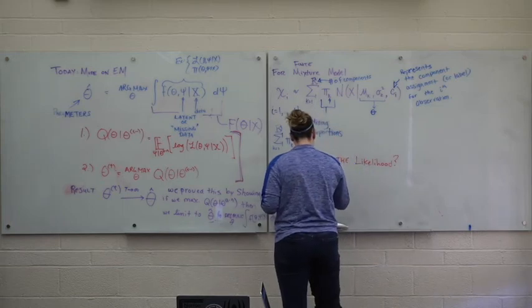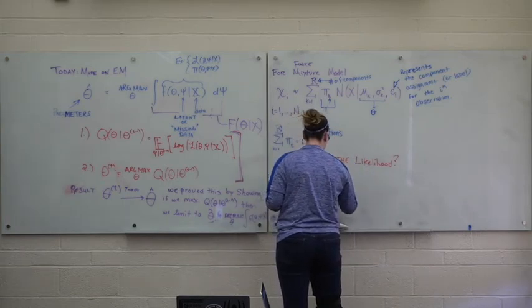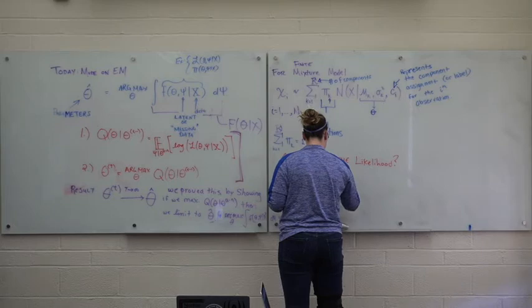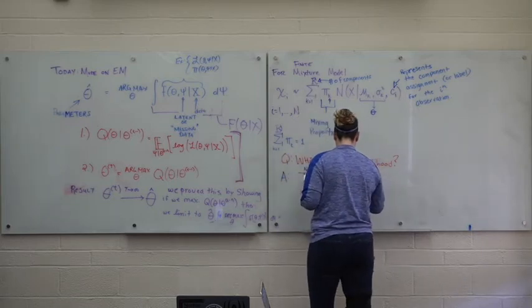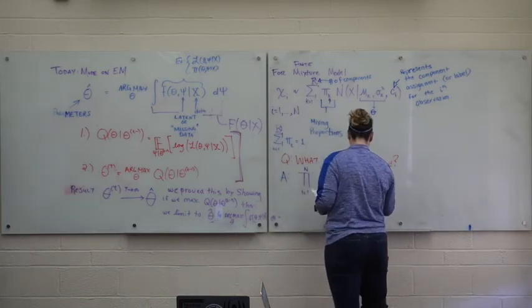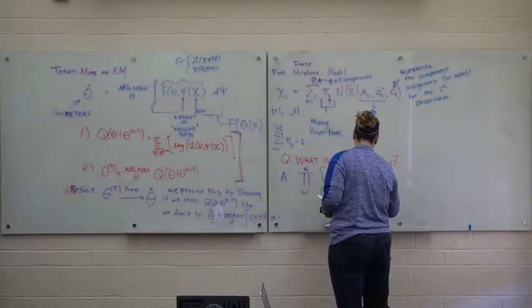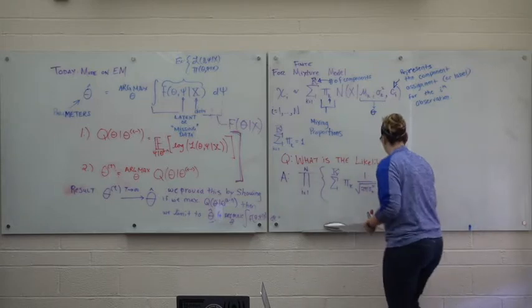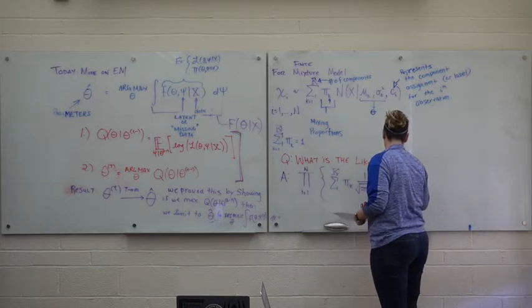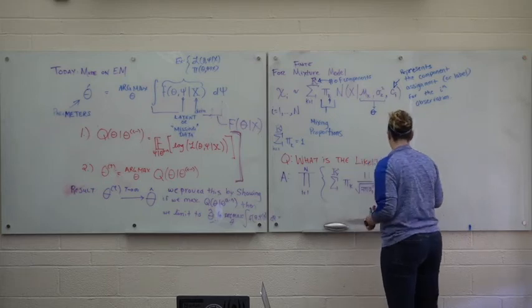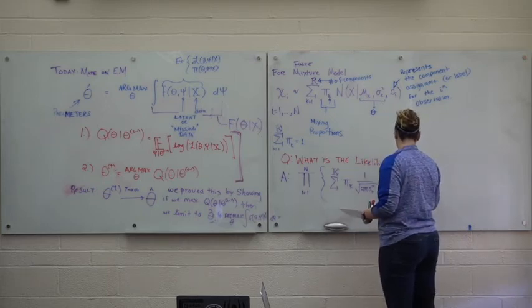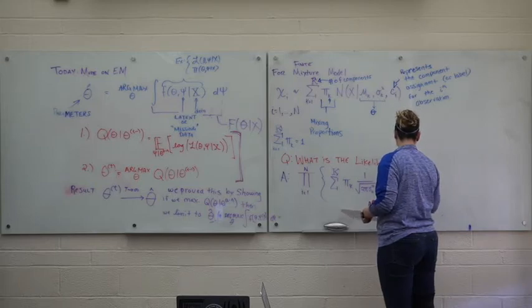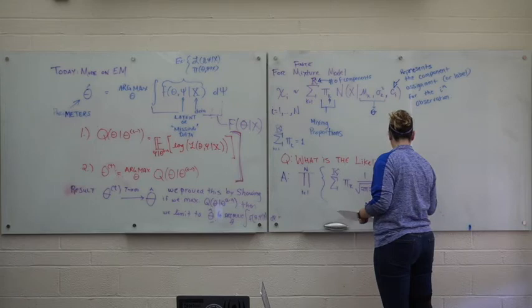Then pi k, 1 over the square root of 2 pi sigma squared k, e to the minus x i minus mu k squared over 2 sigma squared k.